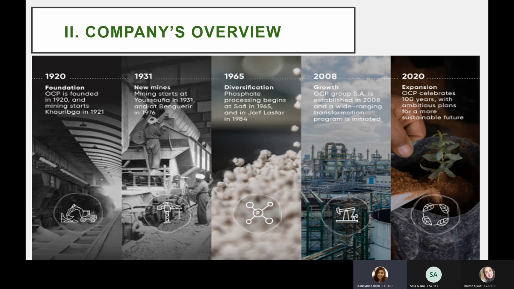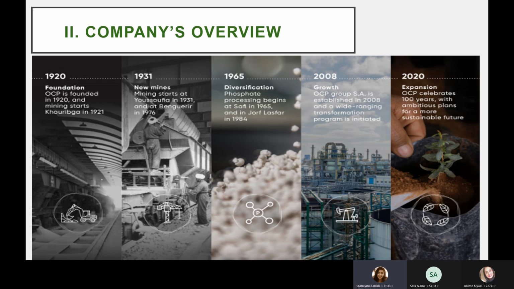So OCP was established as the Office Chérifien des Phosphates in Morocco in 1920. They began at Khouribga with a single mine. Their activities now cover 5 continents, and they work from industrial manufacturing to education and community development across the value chain.